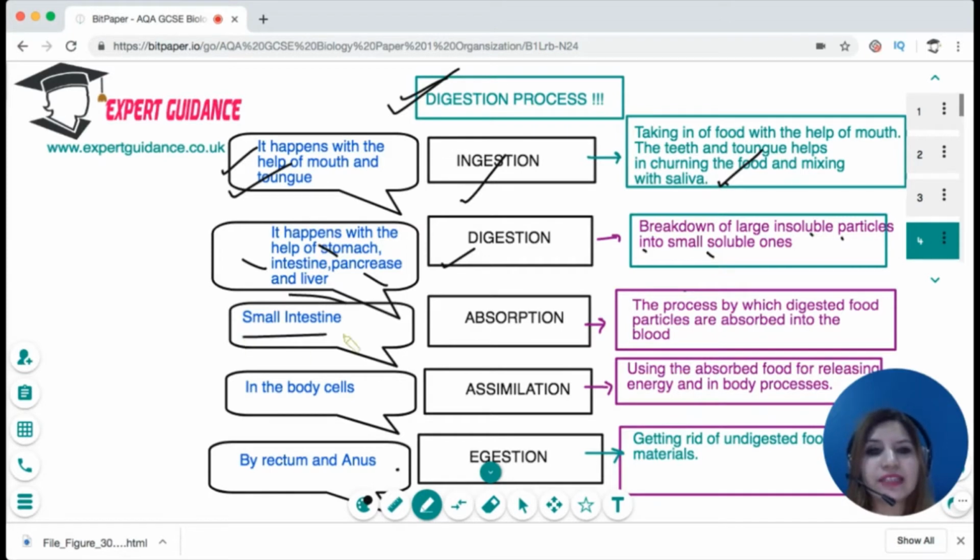Then in the small intestine, absorption, the process by which digested food is absorbed into the blood. Then assimilation happens in the body cells, where this absorbed food is used for body processes. And there's egestion, which is getting rid of undigested food material, which happens through the rectum and anus.